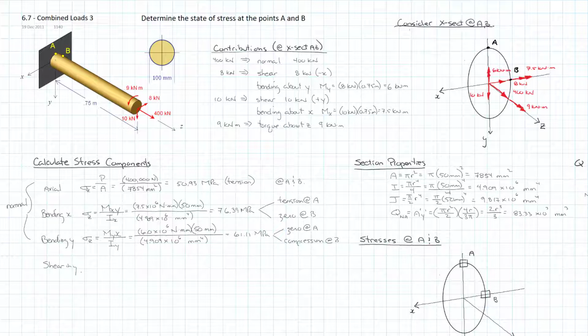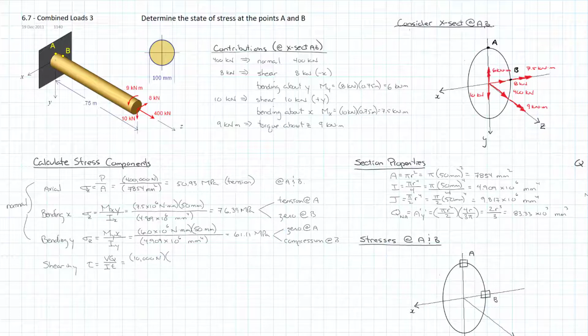And so these are transverse shear stresses resulting from bending. That's that shear, that V on the cross section itself. So our formula then is tau is equal to VQ over IT. And so our shear force in the Y direction is our 10 kilonewtons, or 10,000 newtons.